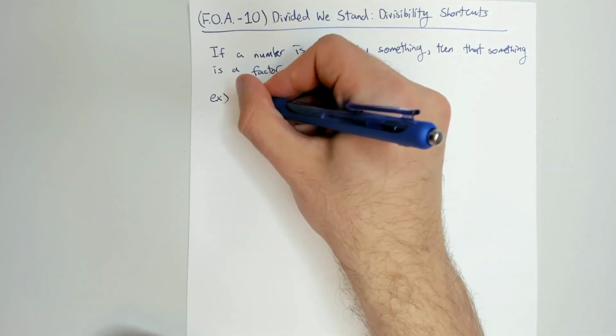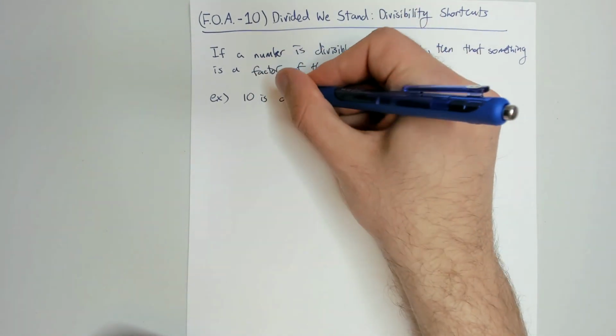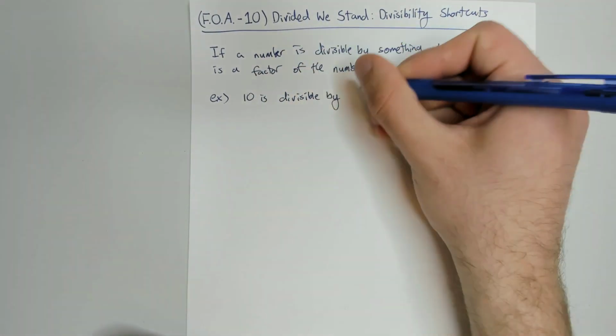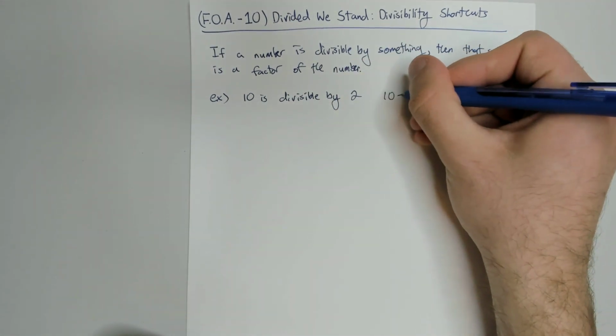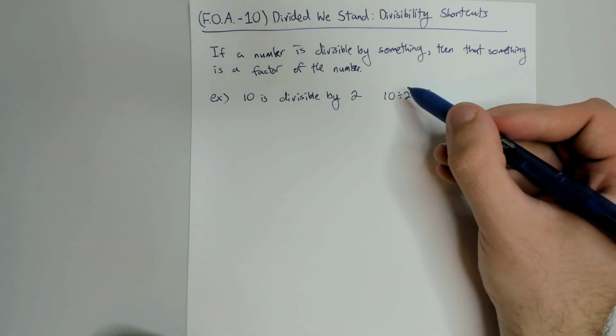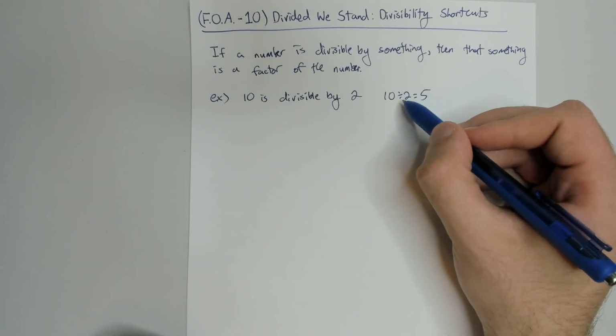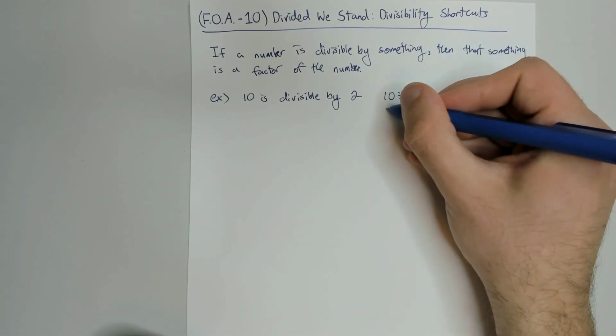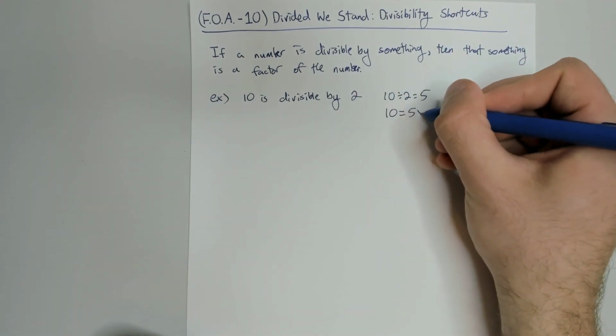So we know that 10 is divisible by 2, right? The reason for this is that 10 divided by 2 gives us a nice whole number. But for those of you who know that division and multiplication are opposites of each other, you'll know that this corresponds to the fact that 10 equals 5 times 2.